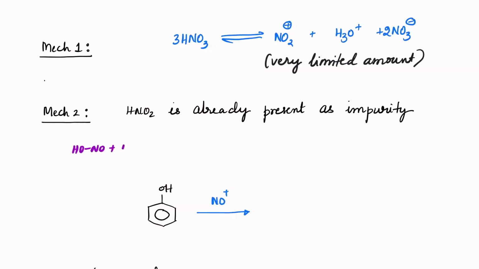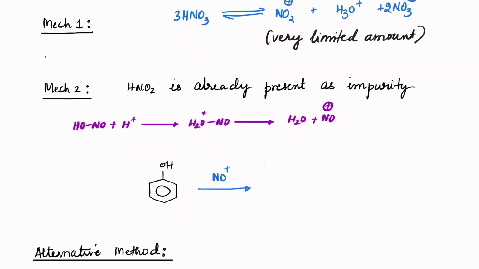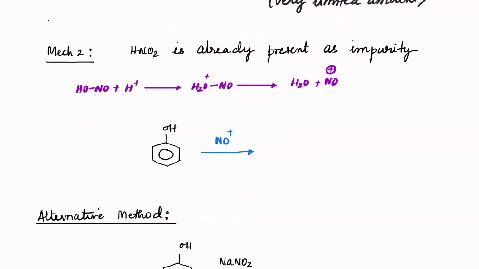So it will take H plus from HNO3, converting into H2O and NO plus. Now NO plus is an electrophile which, from the ortho or para position, will attack the phenolic group. That's how you'll get phenol with NO.